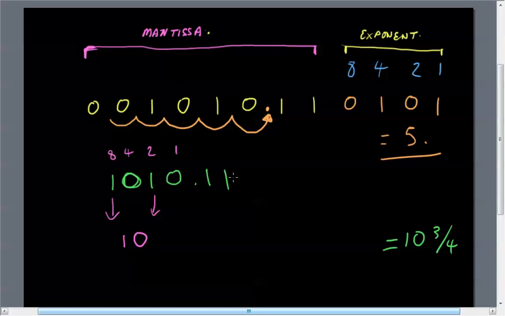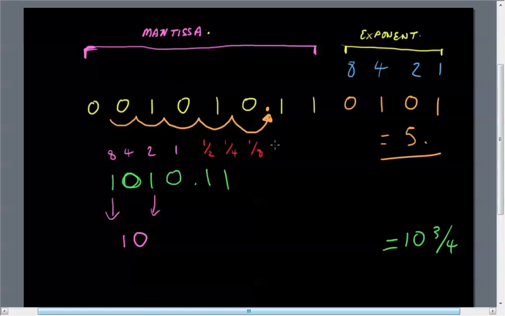Over here we have the negative part, which is 1/2, 1/4.